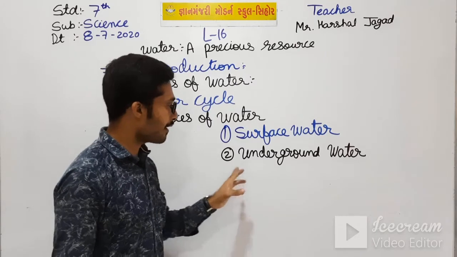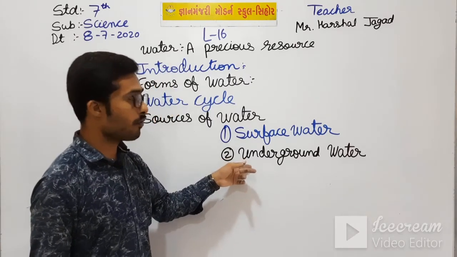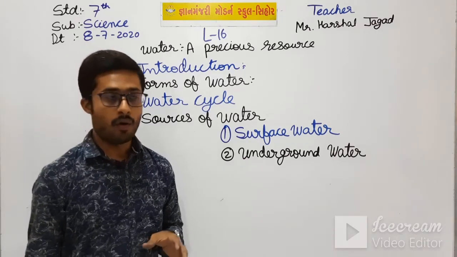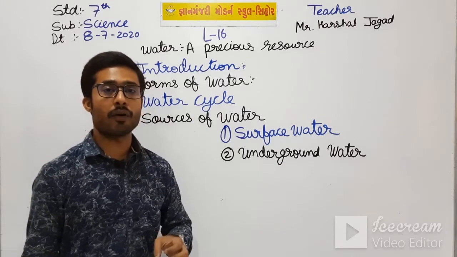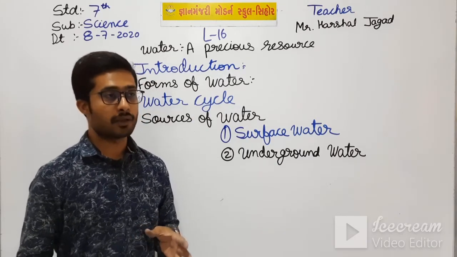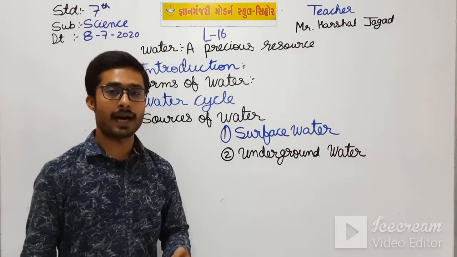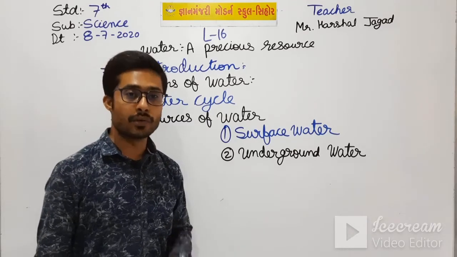And what is underground water? So the underground water means the water which is in the soil. Okay, and this is taken out with the help of a pump, or in Gujarati we all know that dars are there. With the help of dars, this underground water is pulled out and it is used.